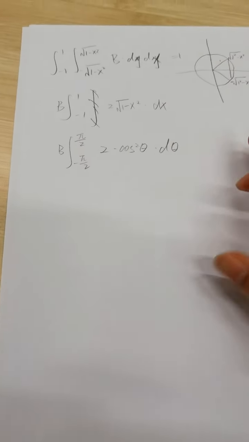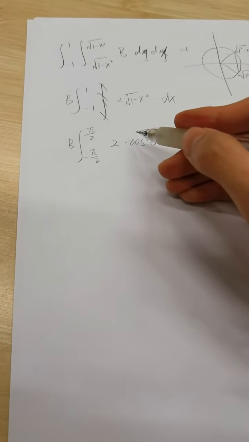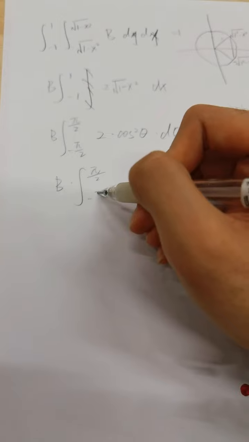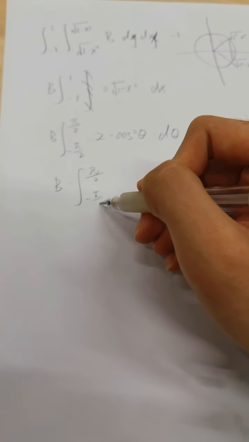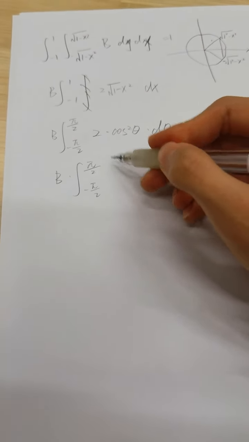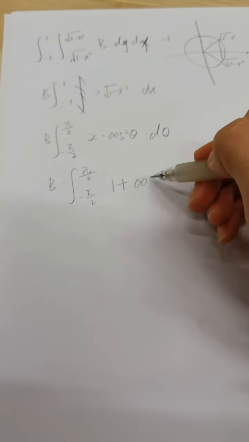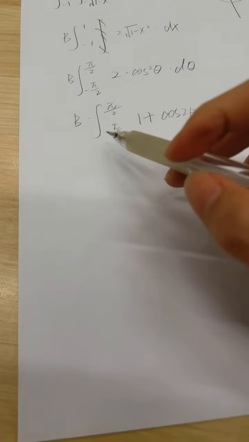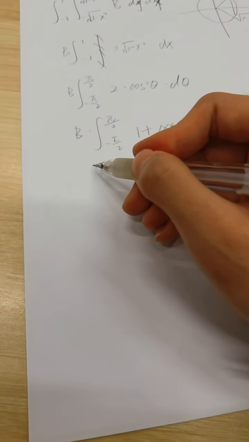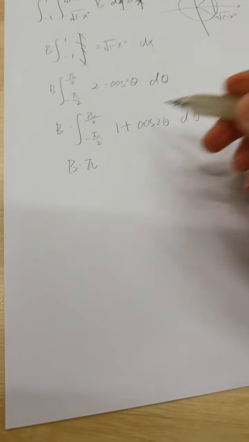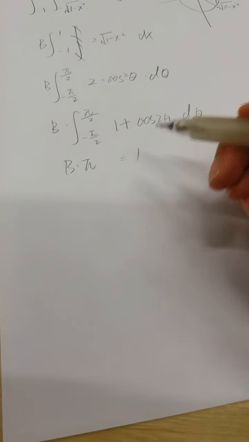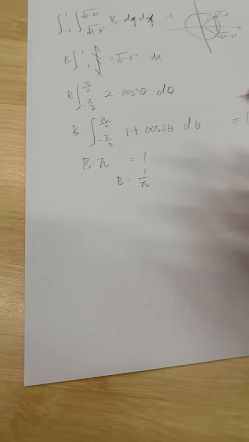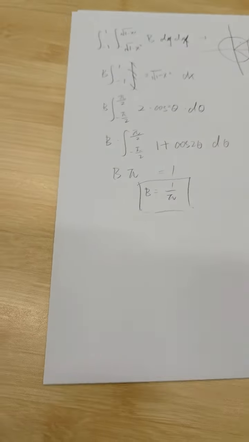We can easily change it to b times the integral from negative pi over 2 to pi over 2 of 1 plus cosine 2 theta d theta. When we integrate this, it directly equals b times pi, and this is equal to 1, so b is equal to 1 over pi. So this is the answer for b.